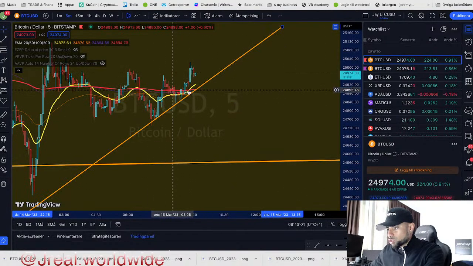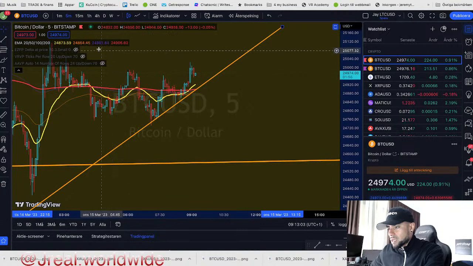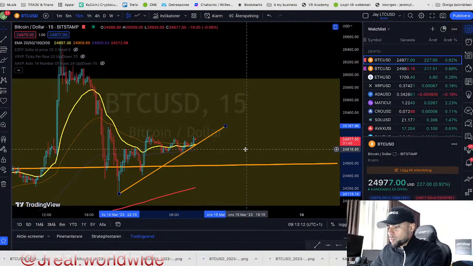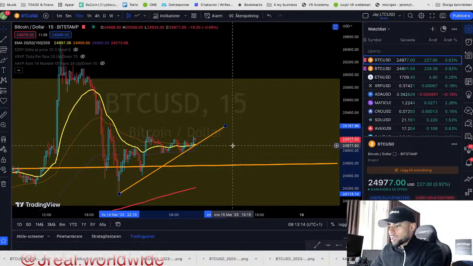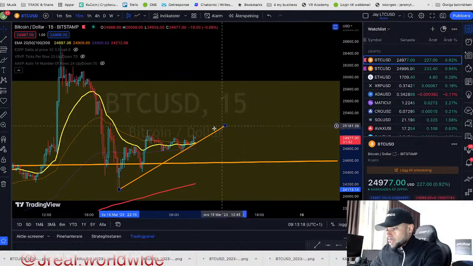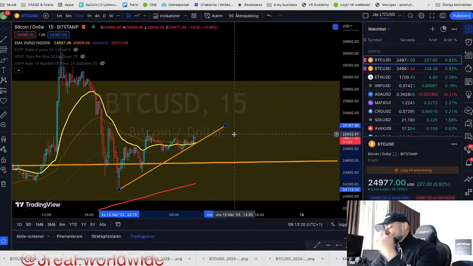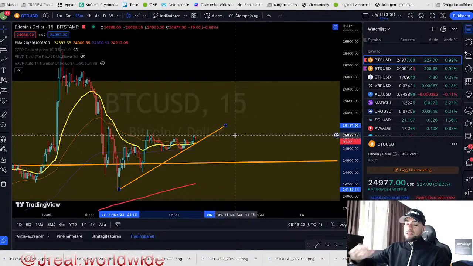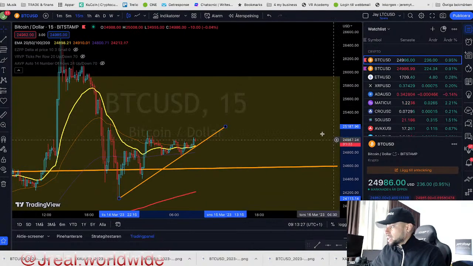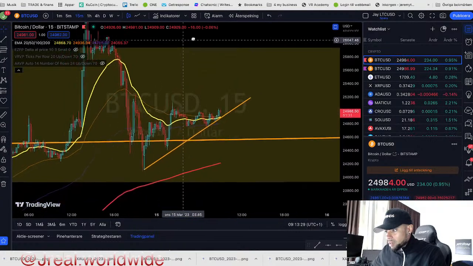Got support from both the 200-day and 20-day EMA on the 5-minute time frame, but it doesn't do us much because when it comes to Bitcoin, we're looking for bigger moves. We're looking for 50, 100, 150, 200 pips move. So going down on the 5-minute time scale, that's good to get a sniper entry or to scalp. But as you guys know, we're not in scalping here in the live sessions.